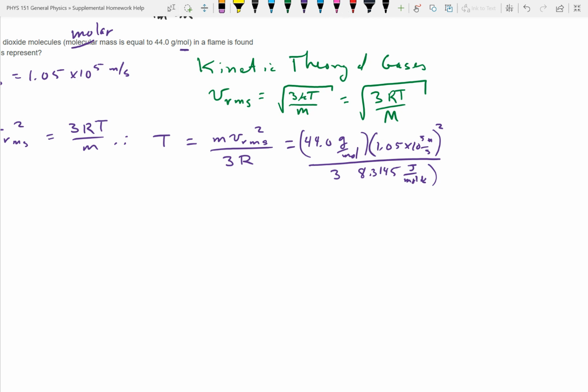What unit do I need there? Kilograms. All right. So I'm going to multiply this by 1 kilogram per 1,000 grams. Then I'll have the right number in units of kelvins.